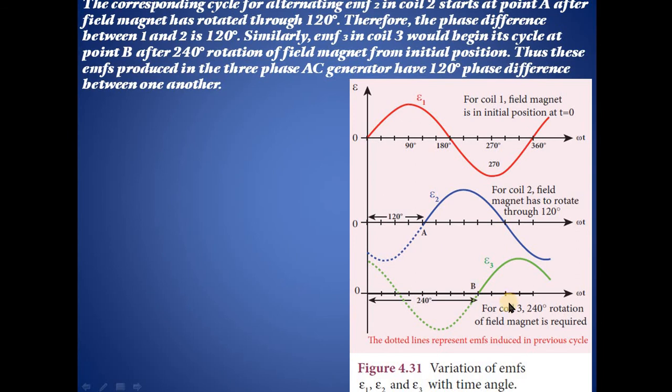Similarly, EMF 3 in coil number 3 begins its cycle at point B after 240 degree rotation of the field magnet from the initial position. Thus, the EMFs produced in the three-phase AC generator have 120 degree phase difference between one another.